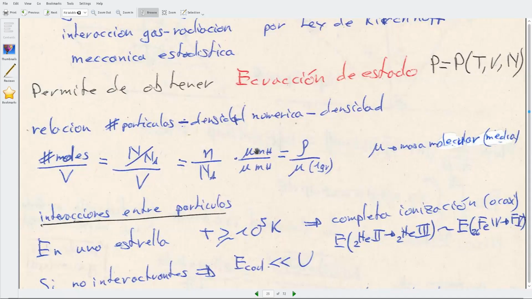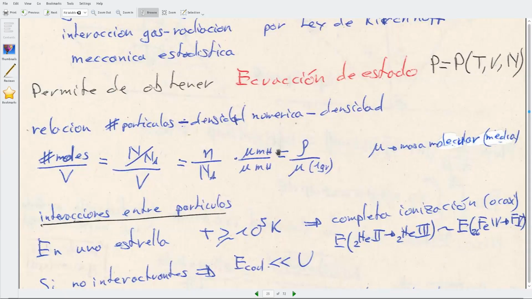If you multiply above and below by mu, the molecular mass, the mean mass for each particle, in atomic mass units, mH is the atomic mass unit, because it's more or less the mass of an atom of hydrogen.